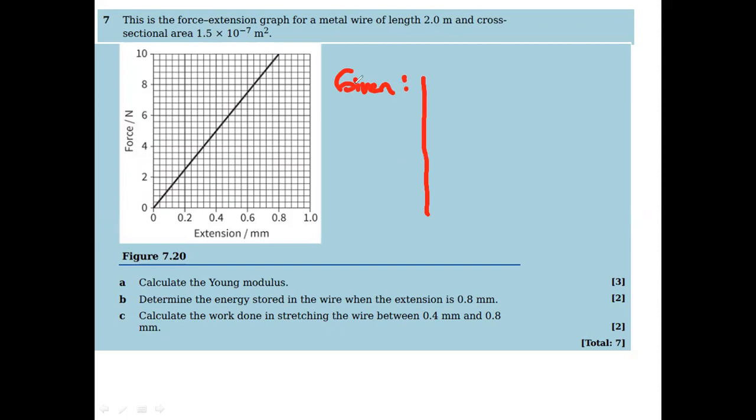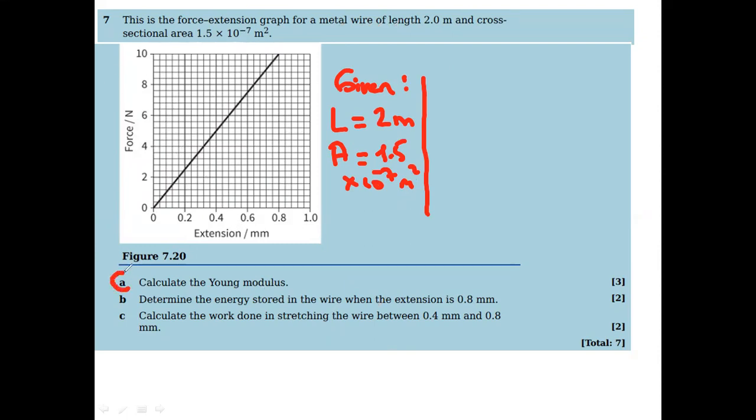What is given? A metal wire of length 2 meters, so L is equal to 2 meters. Cross-sectional area is given, which is equal to 1.5 times 10 to the power minus 7 meters squared. We are also given the force-extension graph.